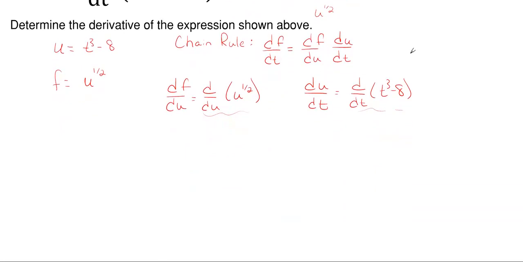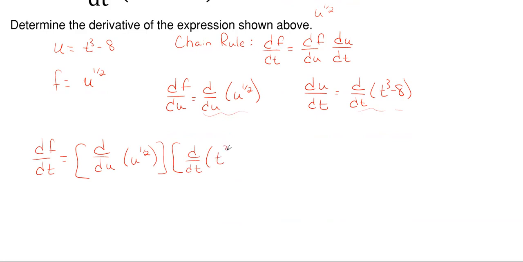So let's scroll down here. So my chain rule expression of df/dt is equal to this first portion, the derivative with respect to u of u to the 1/2 power, and then multiply that with the derivative with respect to t of t cubed minus 8. And we just have to solve for each one of these.